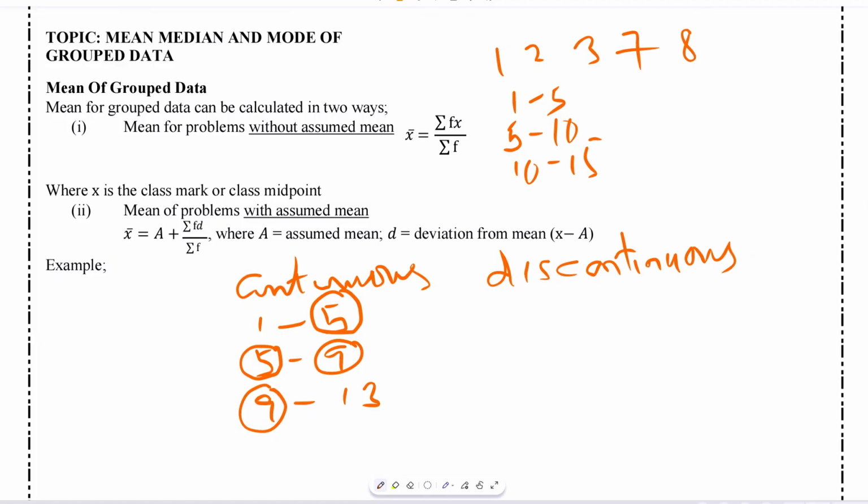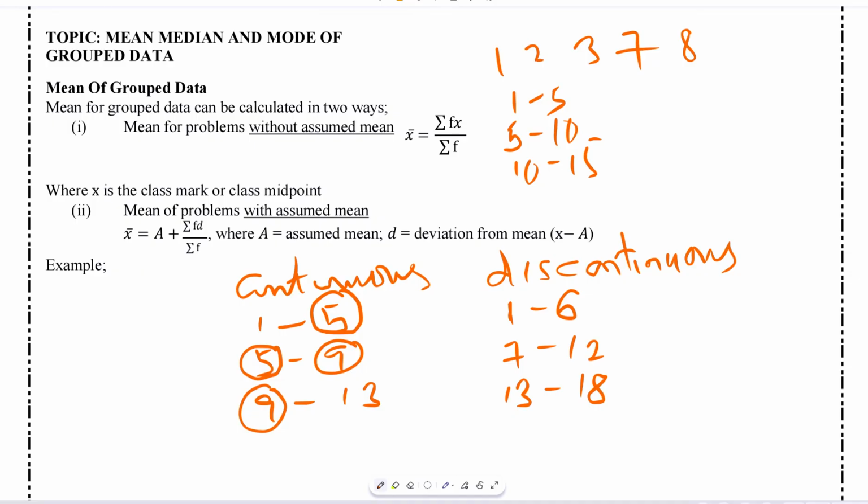But when you have a discontinuous data, like maybe 1 to 6, then 7 to 12, 13 to 18. Are you seeing this now? You can see that these are discontinuous.